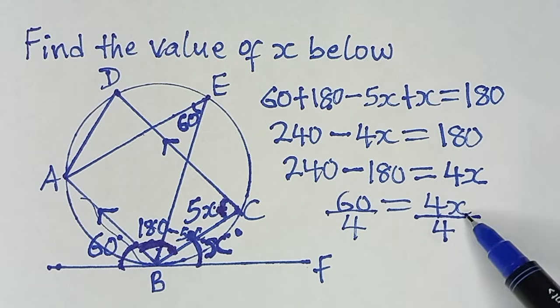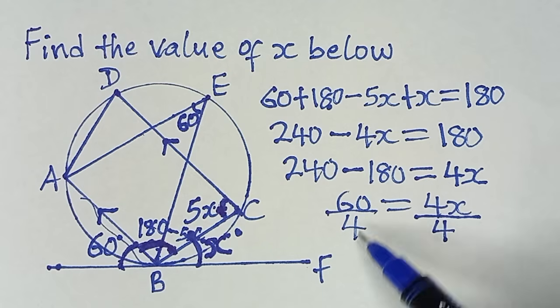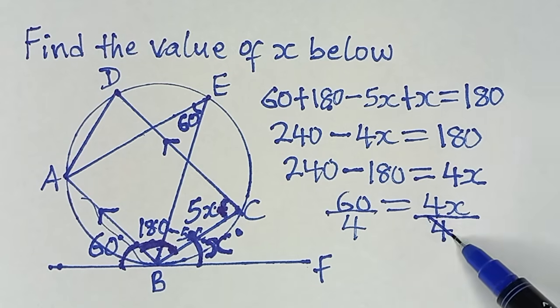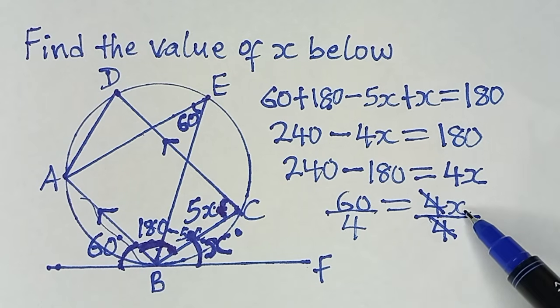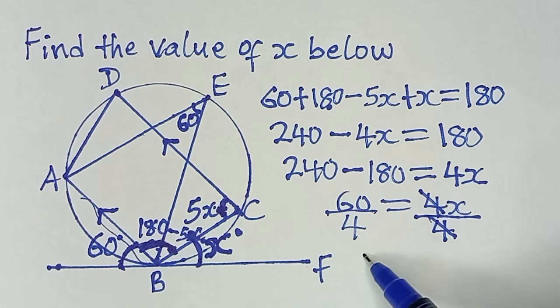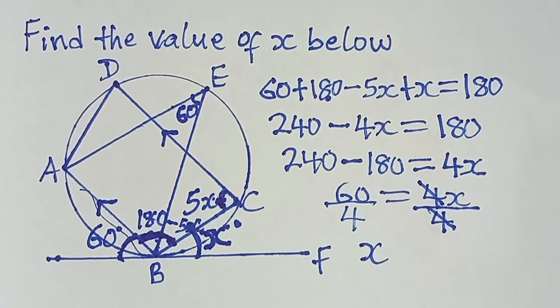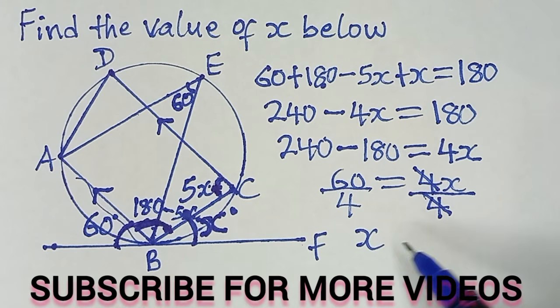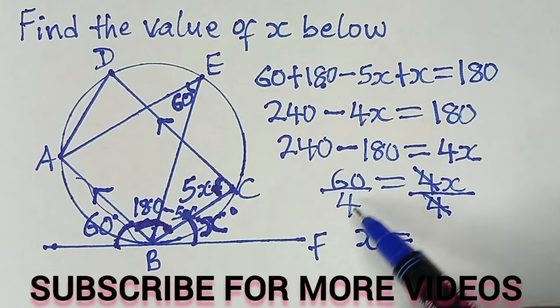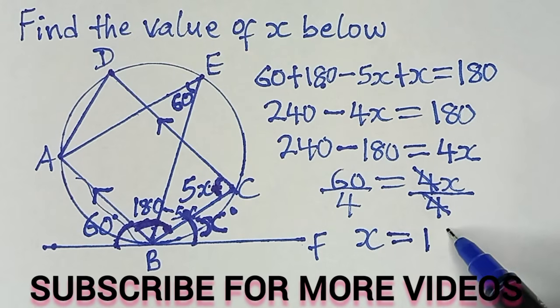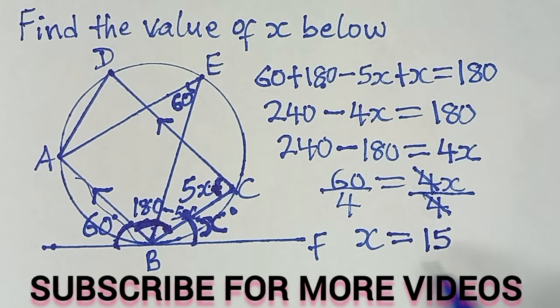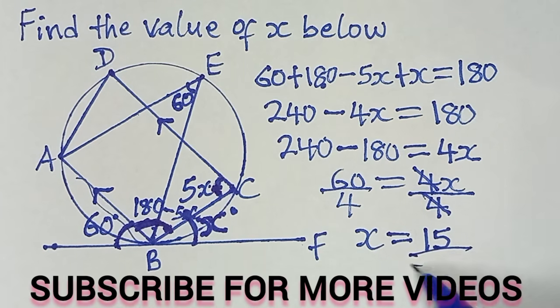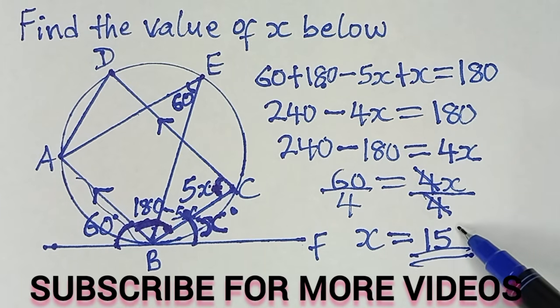So this 4 will cancel 4, and I'm left with x on this side. I can write the x first now, and I say x will be equal to 60 divided by 4, which will give me 15. So the value of x is 15. And I can put degrees. And that's the final answer.